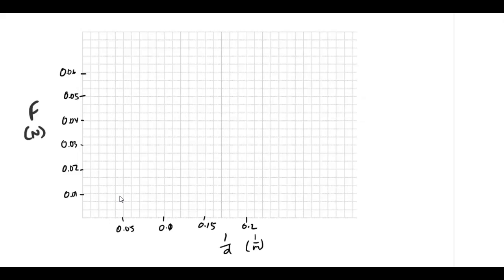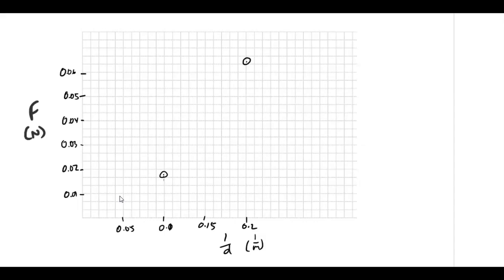Now, 0.2 is at a distance of 0.64, which would be somewhere right about here. The next point is at 0.1 and 0.16, which would be somewhere around here.